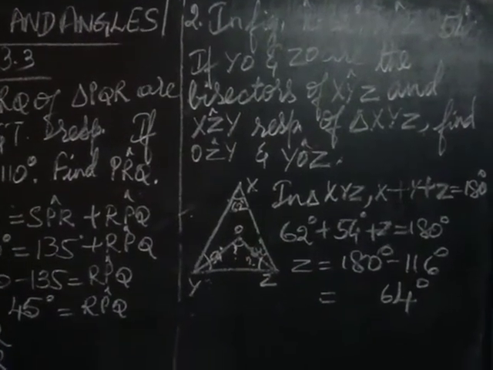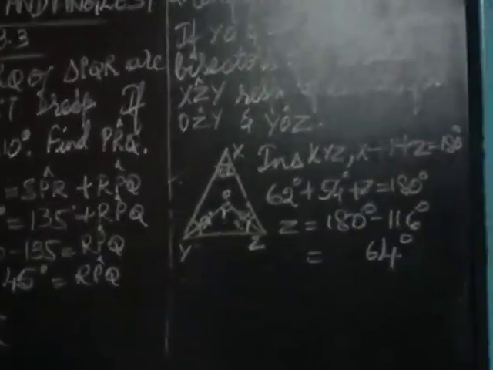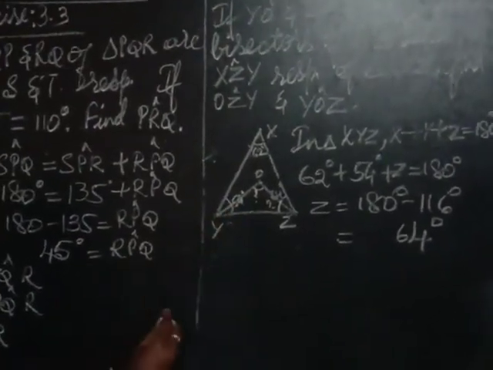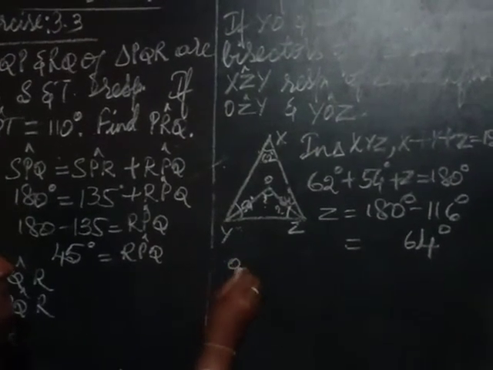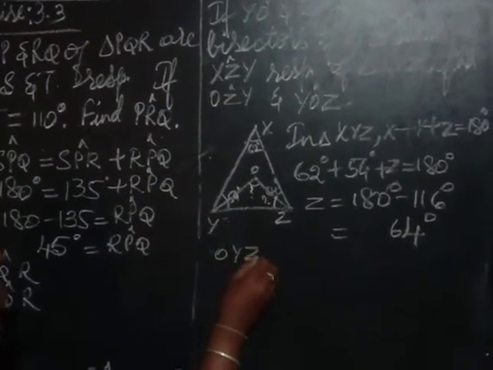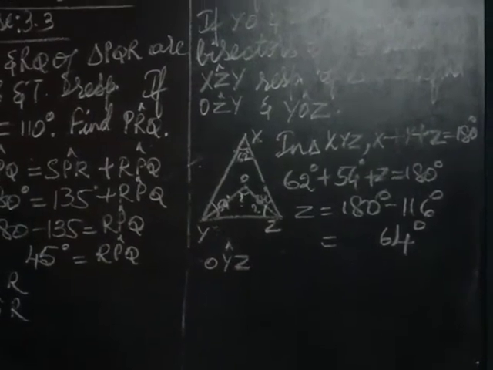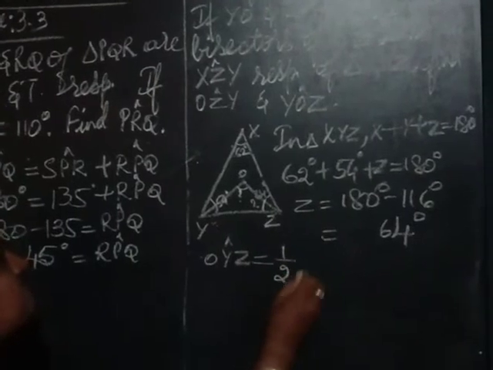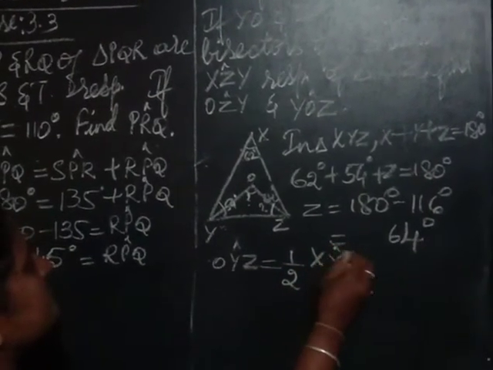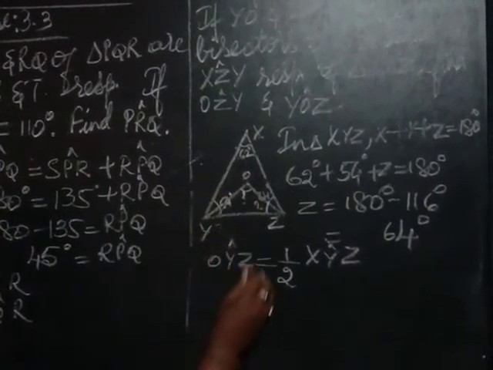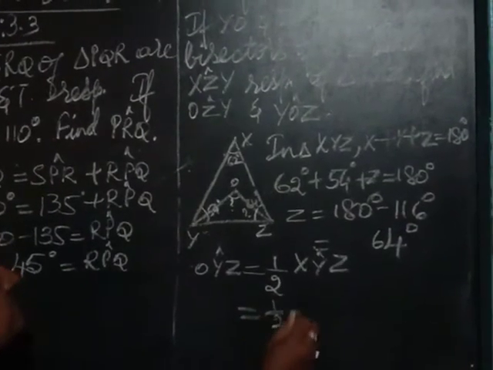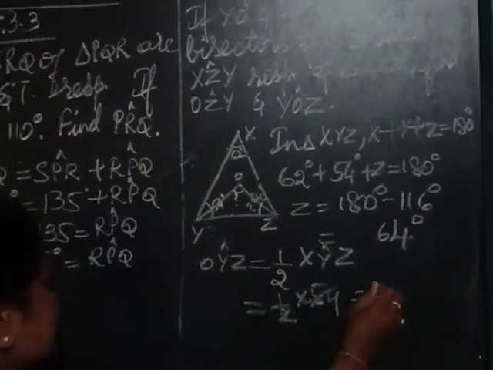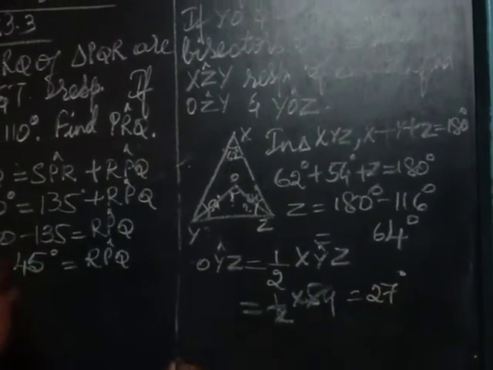Now, YO and ZO are the bisectors. Children, so how much do you get here? Angle OYZ is equal to 1 by 2 times XYZ. Yes or no, children? That is 1 by 2 times 54, which is 27 degree.